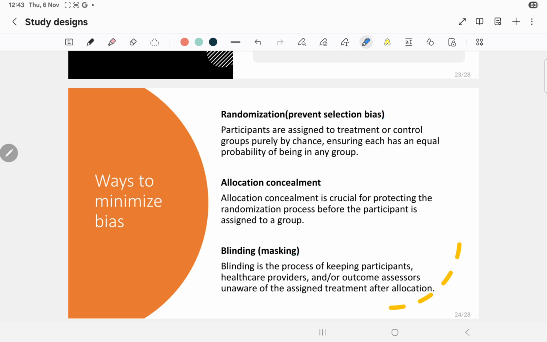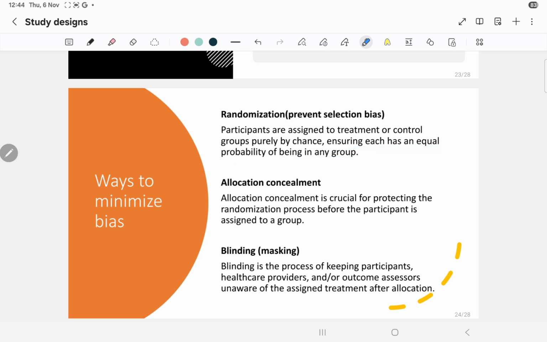What is randomization? Randomization means you don't assign the patients in a particular pattern. You assign the arms, basically the new treatment and the control group, in a random manner. Participants are assigned to the treatment or control group purely by chance, ensuring that each has an equal probability of being in any group.